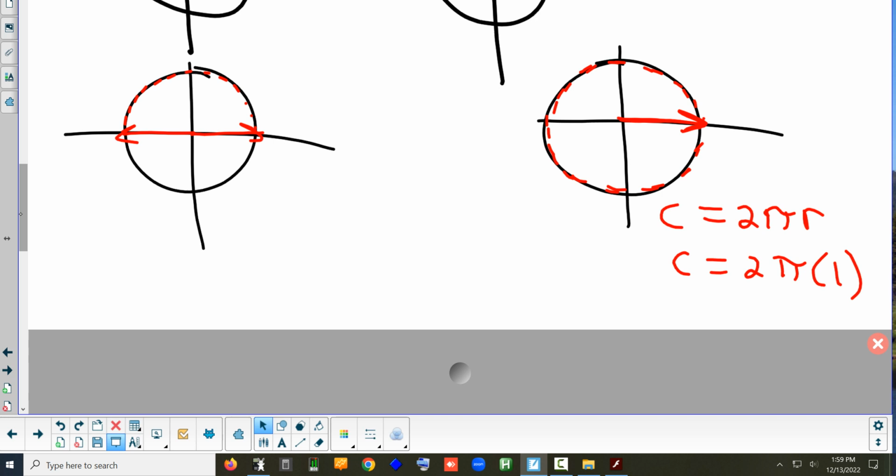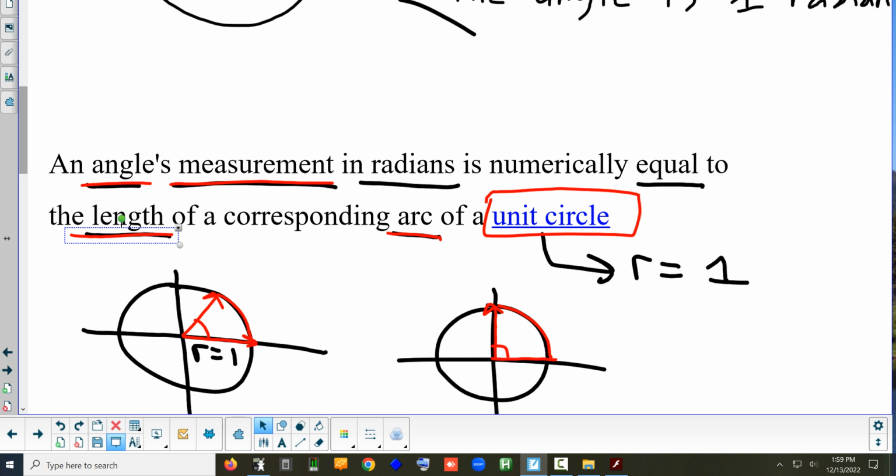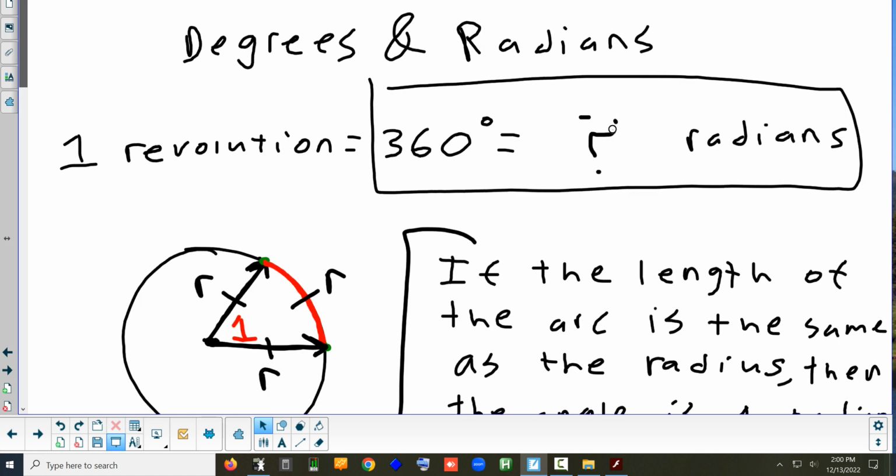If we leave it in terms of pi, 2 times pi. So that's about 6.28. So it's about 6.28 units to go all the way around that circle. 2 pi. Well, the length of the arc is equal to the measurement in radians. So if the arc is 2 pi, then the measure in radians is 2 pi. And that's the answer to our question. There are 2 pi radians to go all the way around the circle.